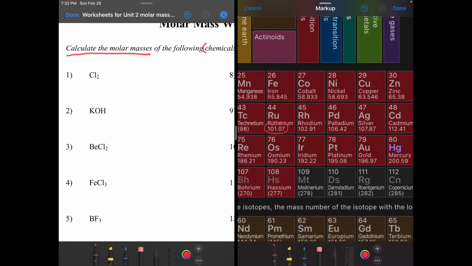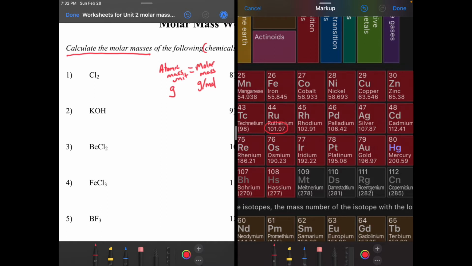In fact, the atomic mass unit and the molar mass are the same. The only difference is that the atomic mass unit has a unit of a gram, and the molar mass has units of grams per mole. That's the only difference. Same thing.